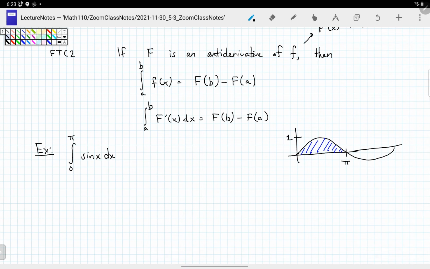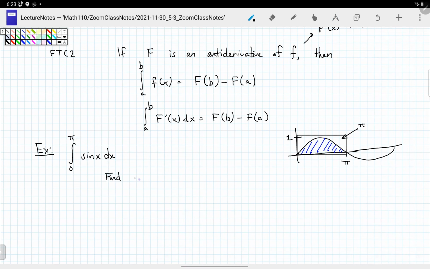So you might think, well, if I was to draw a rectangle here, then that area would be pi by 1, so this is pi, so it's going to be more than half of pi. So the fundamental theorem of calculus 2 tells us how we can actually calculate it.